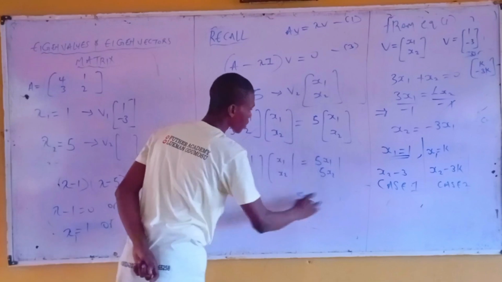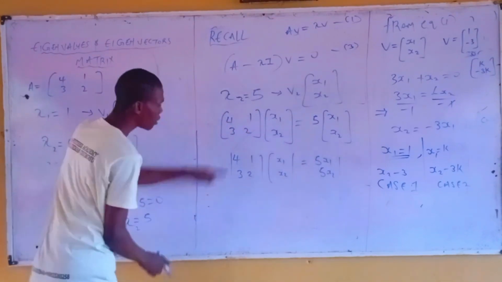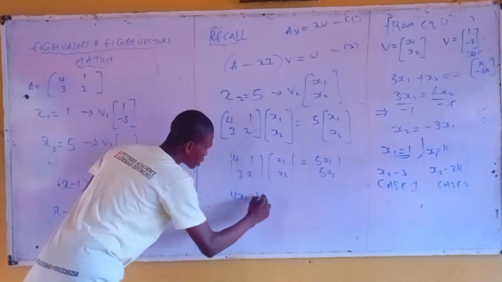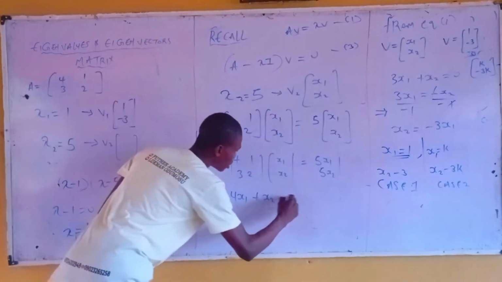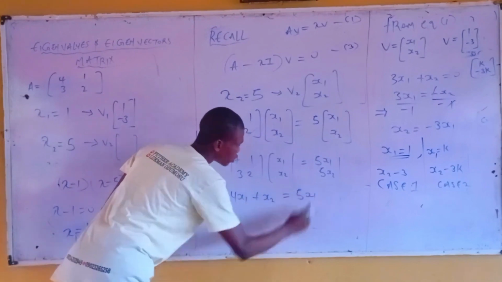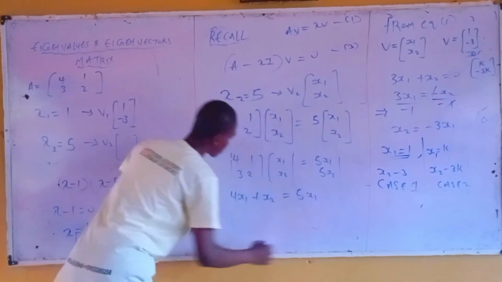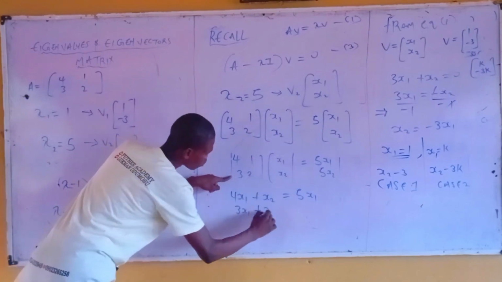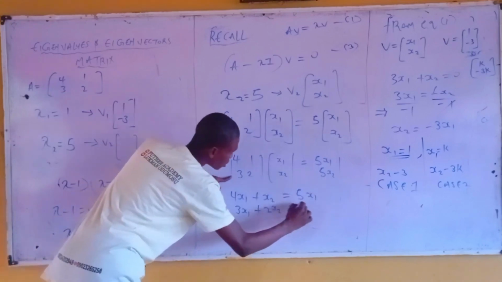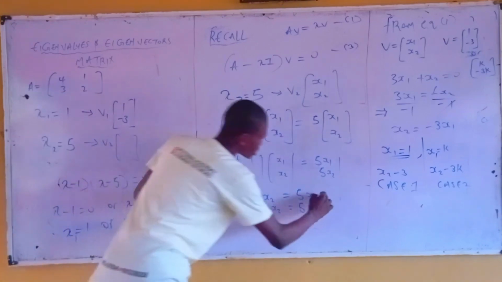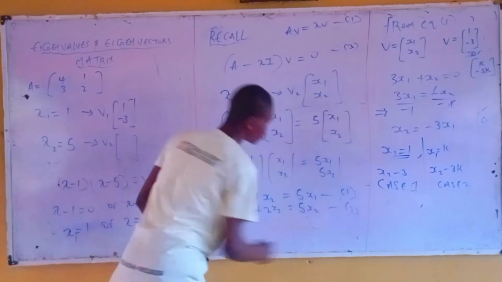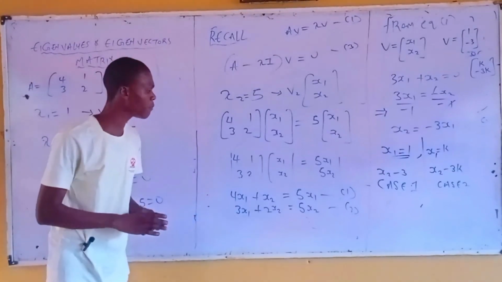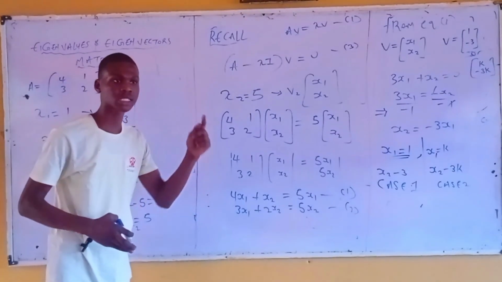Now multiply these two matrices: 4 times x1, plus x2, equated to 5x1. 3 times x1, plus 2x2, equated to 5x2. This is equation 1 and this is equation 2. Either equation 1 or equation 2 will give you the same value for x.